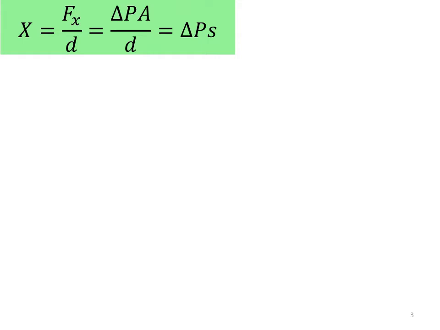So x equals Fx divided by d equals delta p times A divided by d equals delta p times s. Now A refers to the cross section area of the yellow square, where the formula for A is S times D. S for spacing, D for the depth of the cascade blade.